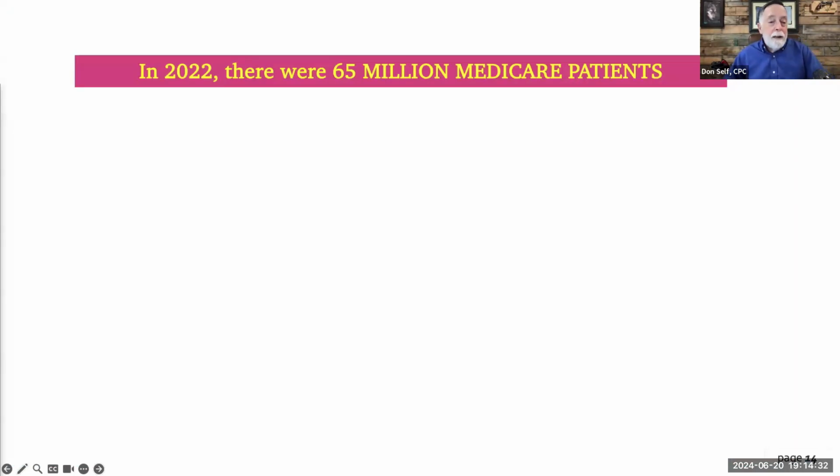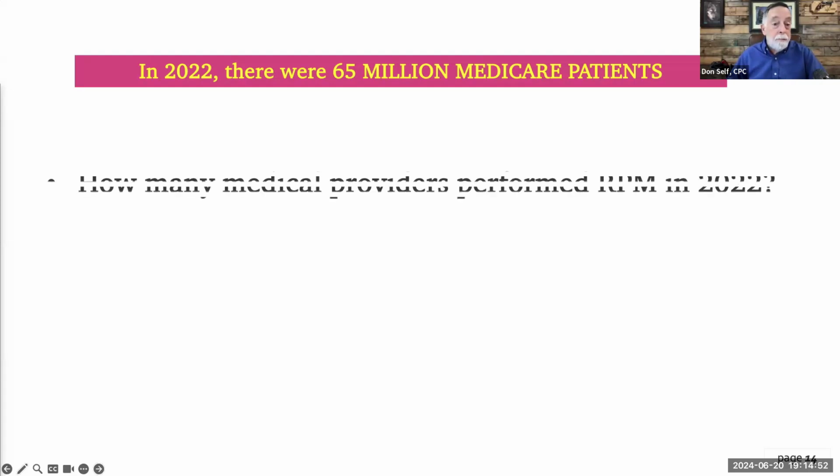What you may not realize, a couple of years ago in 2022, there were 65 million Medicare patients in the country. 57 million of the 65 were on Medicare because, like me, they got past 65 years old. And about 8 million were on there because of disability. So how many medical providers do you think 2 years ago were doing RPM?